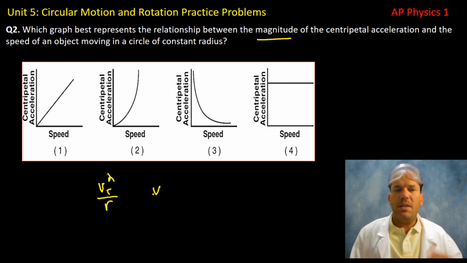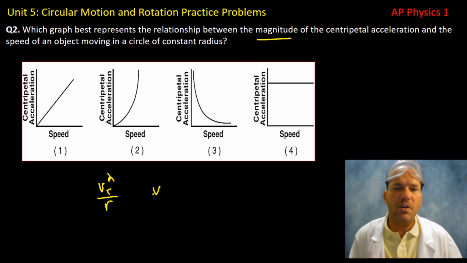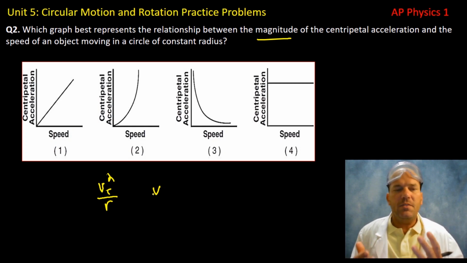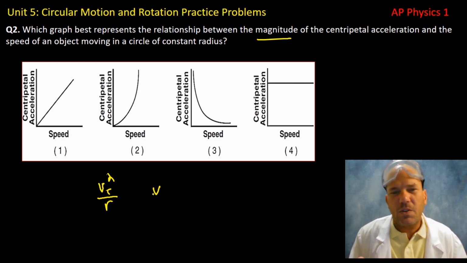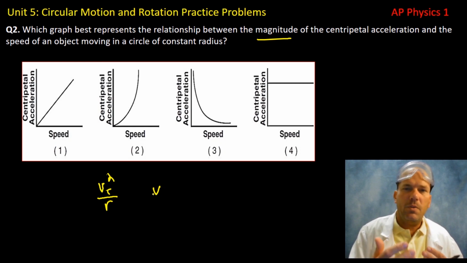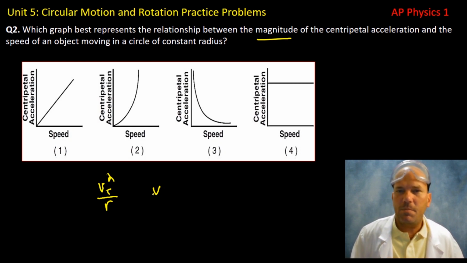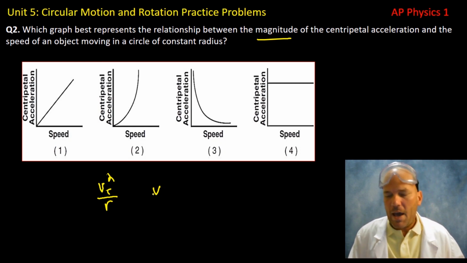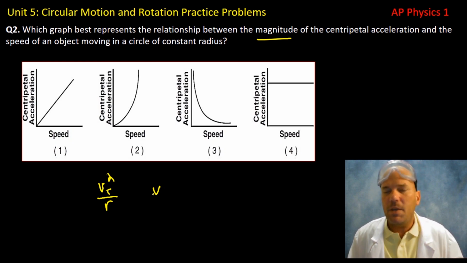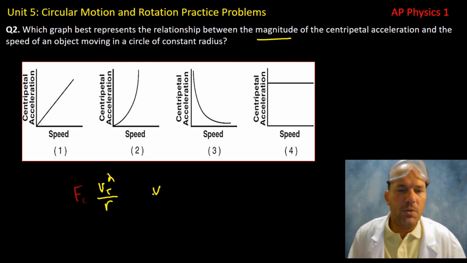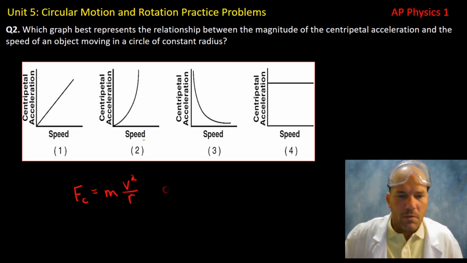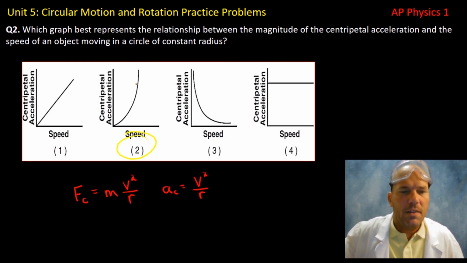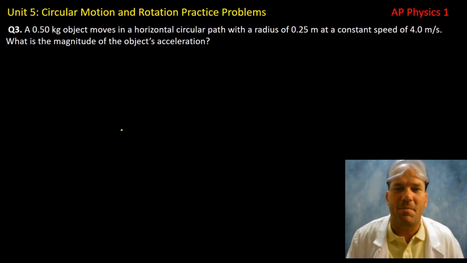So we're going to be looking for a graph that has some curvature. That leaves us with 2 and 3. Also, we know that they are directly proportional, not inversely proportional. Therefore, our best choice here is going to be graph number 2, which is showing this exact relationship.